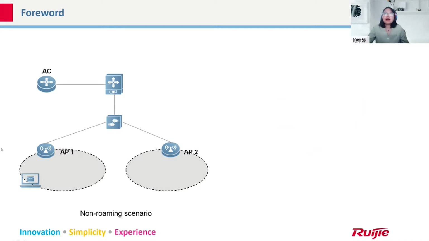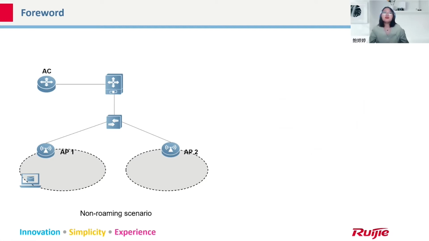In this topology, for the coverage of AP1 and AP2, there are some places that are not covered. So in this scenario, no roaming is enabled. Even if you enable roaming in this topology, it does not work because there are some places with no signal.